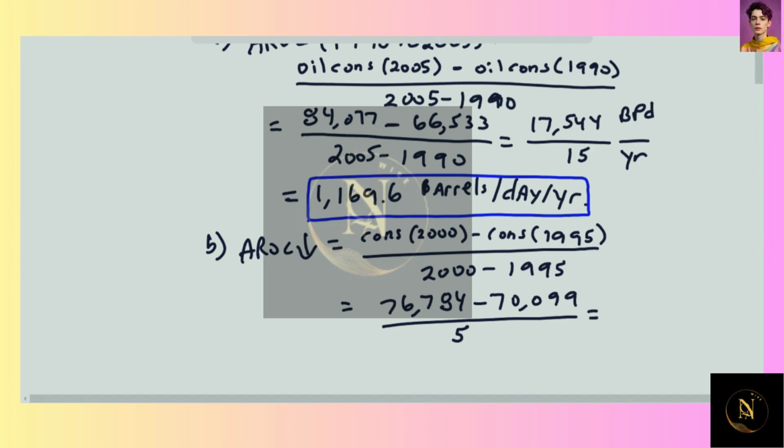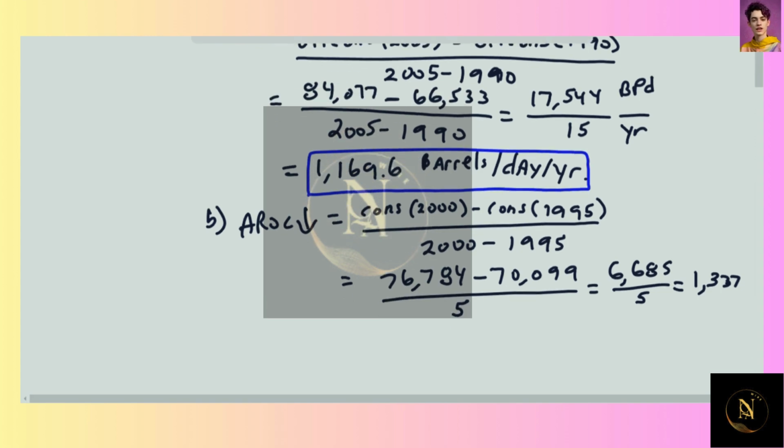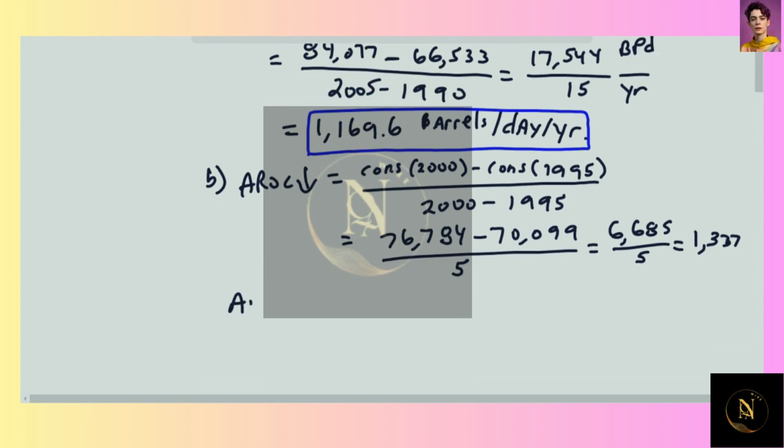And so this is 6,685 divided by 5, which is 1,337. Okay.